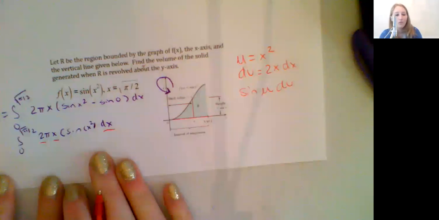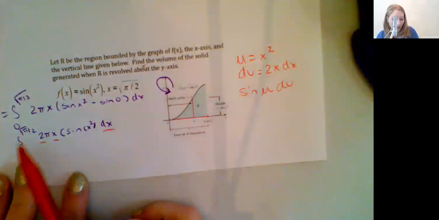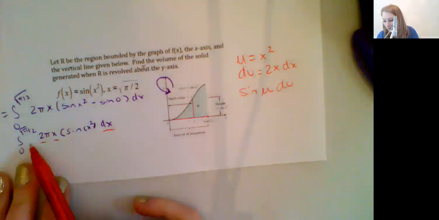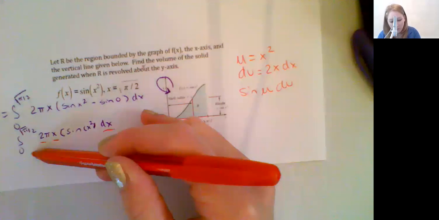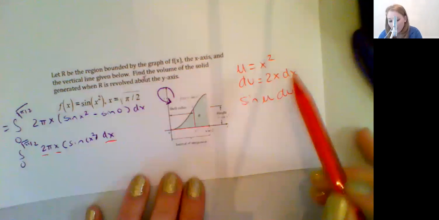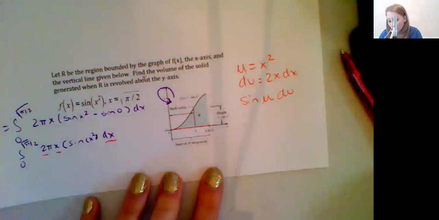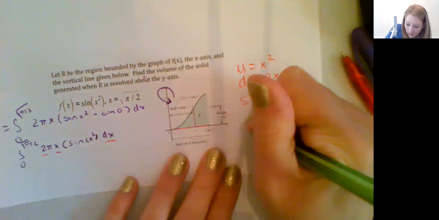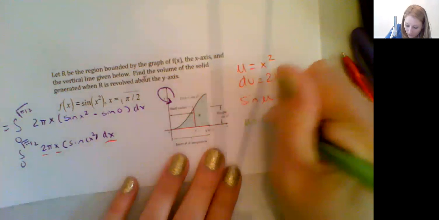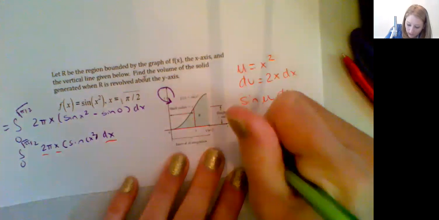Okay, so remember, when we're doing u substitution and we have values that we're using for our integration, we need to make sure that these numbers are correct with what we said that u is equal to. So in this case, since u is equal to x squared, what I need to do is plug in 0 squared, which is just 0, so that's going to stay the same.